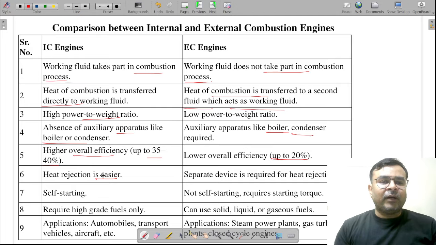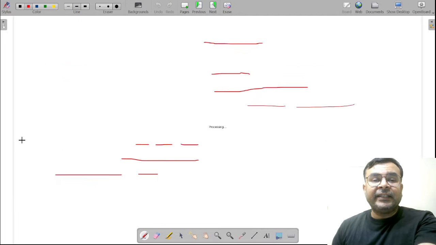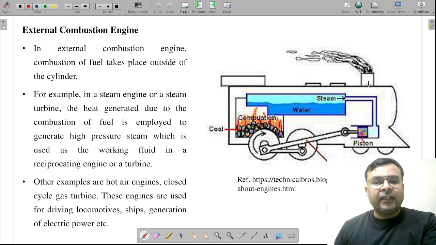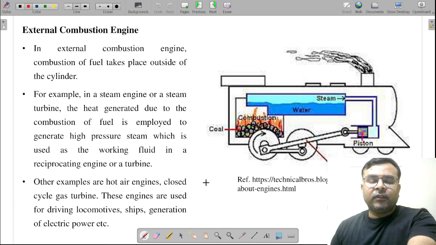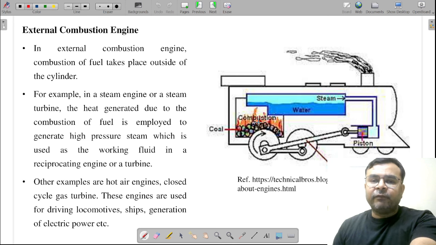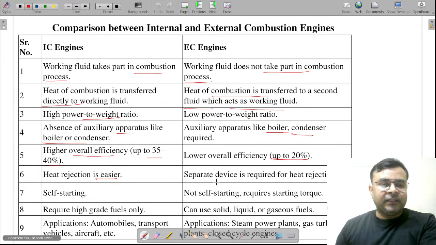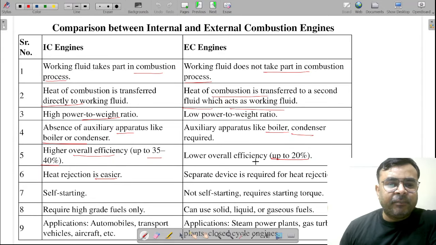Yes or no? But for the external combustion engine, we need a chimney. Then you can transfer the burned combustible fuel and heat outside the engine. Is it right? But in an IC engine, these external devices are not required. Is it right? A separate device is required for heat rejection, that is the chimney.